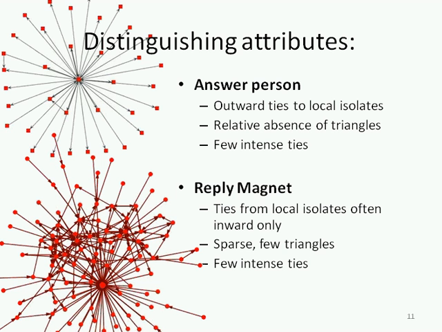Let me move that forward, though. And let's see, and Jim, maybe you can help me there, move to the second part. Thank you. There you can see a different role, the role of the reply magnet. And I should call out the work of Professor Itai Himmelbräum at the University of Georgia in Athens, who is working on a project with me to identify the people in political discussions who are capable of catalyzing conversation, which is to say that these are the people who, when they generate a new thread, they start a conversation, that conversation actually takes off.